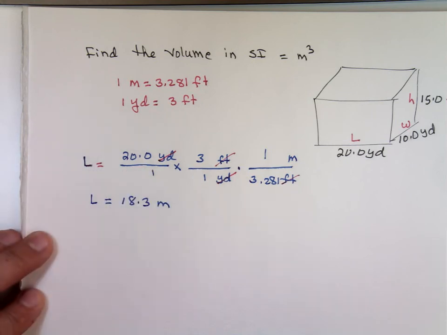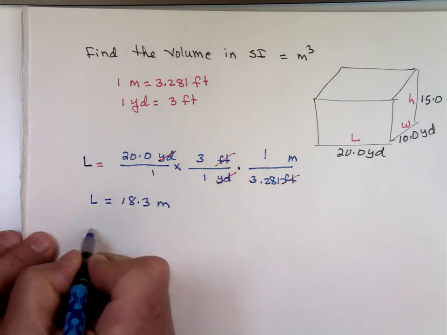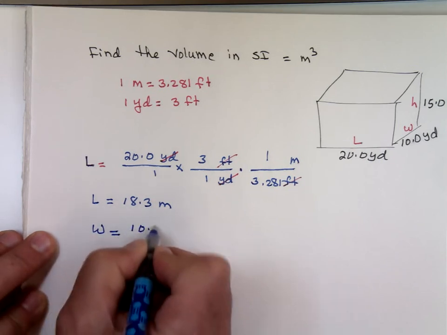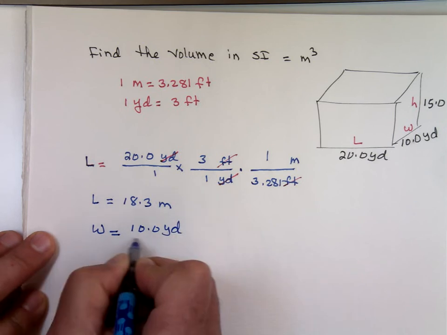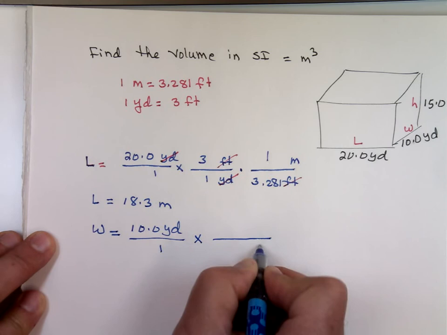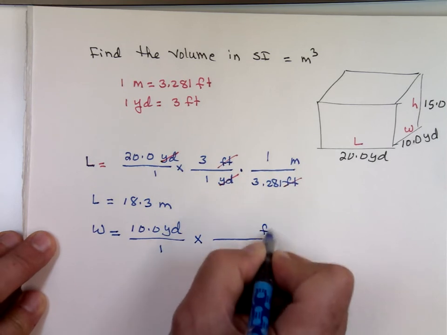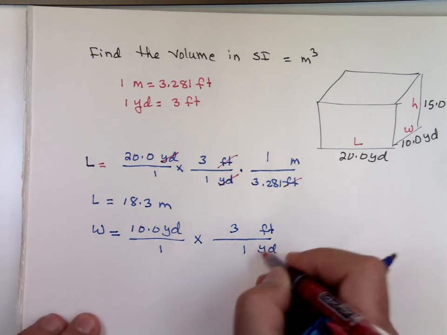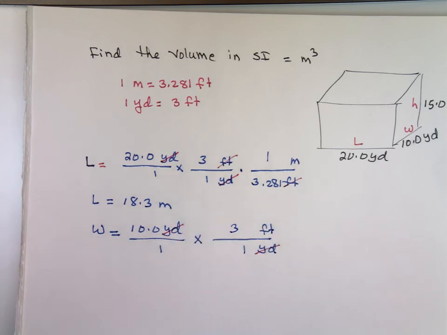Let's look at the width. 10.0 yards over 1. I convert from yards to feet. I want yards on the bottom, feet on the top. 1 yard is 3 feet. My answer right now is in feet.